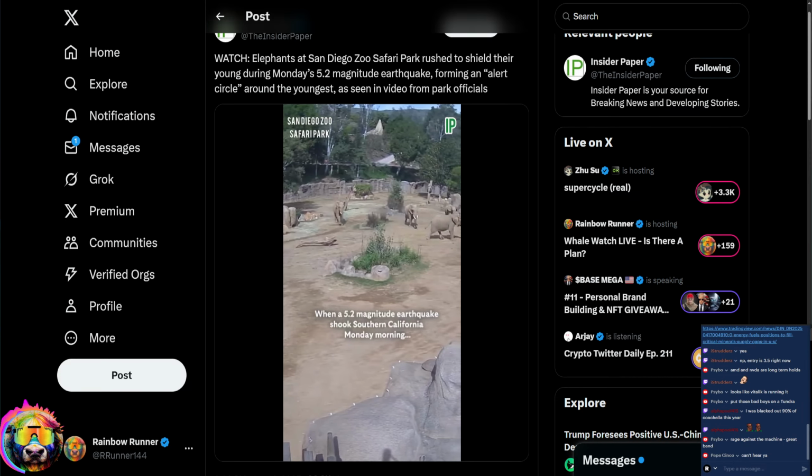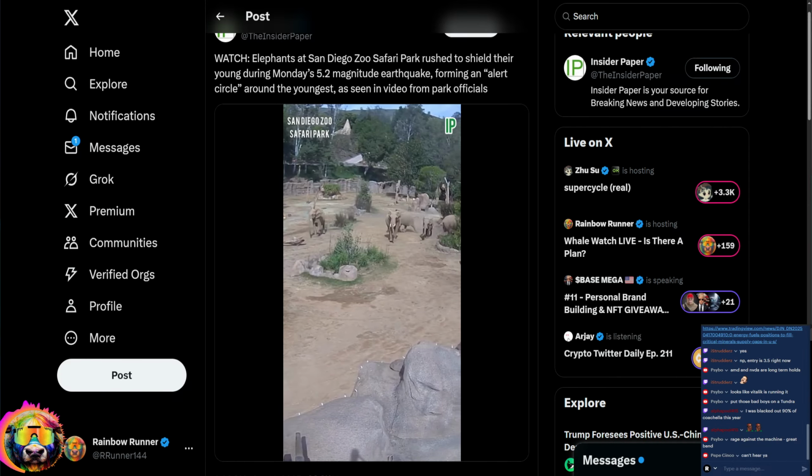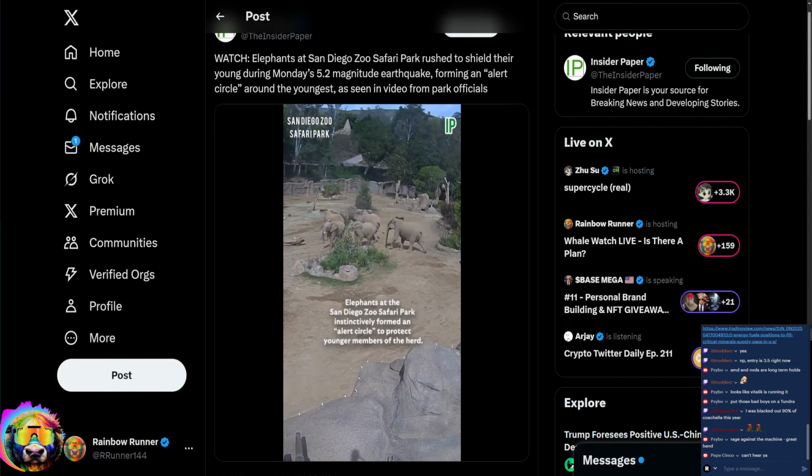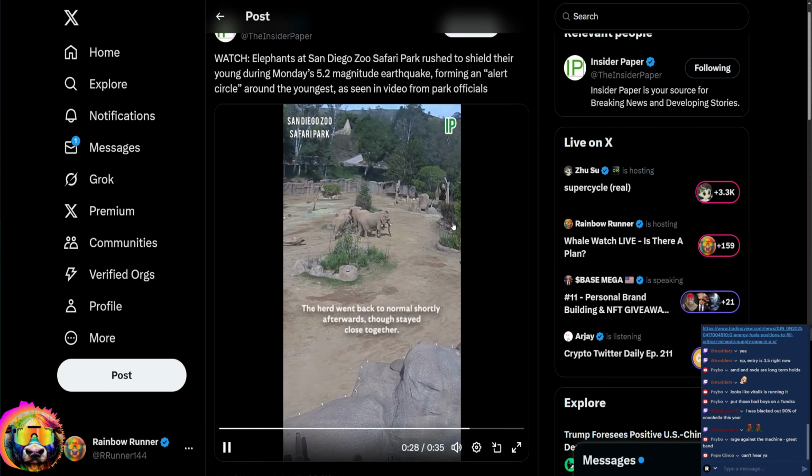Check this out. They know something's wrong and they go to protect the babies. Isn't that cool? That's so cool. I love elephants. They're cool. How you could ever hunt one, I would never understand.